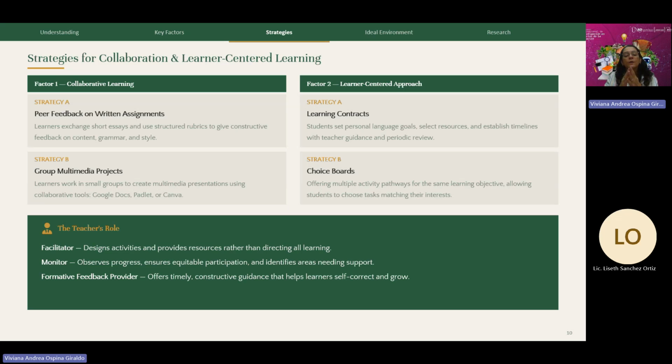When we become a monitor, we observe the process. We ensure that everybody's participating. And also we identify all those areas that need support. That's why the teacher assumes these different roles within the learning process.